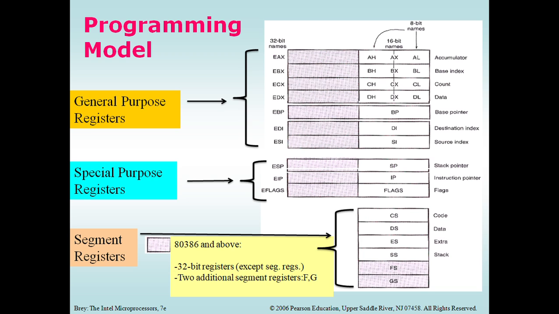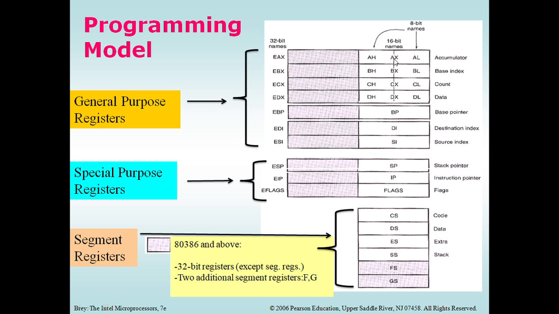If the higher byte of this accumulator is required to be referenced, then the name AH is used. In addition, the 16-bit part of this accumulator can also be accessed using the name AX.